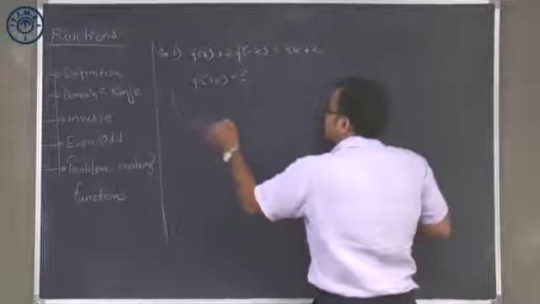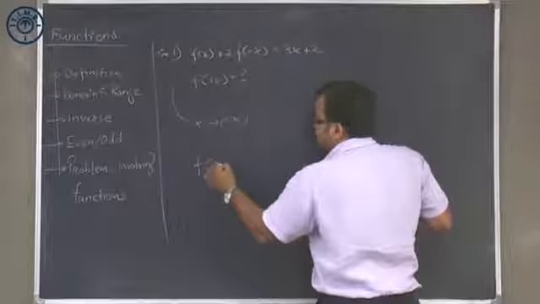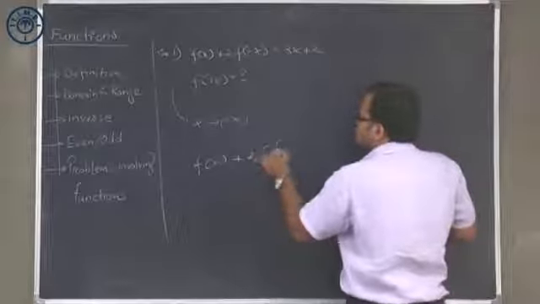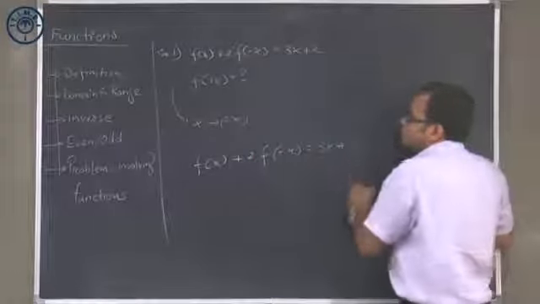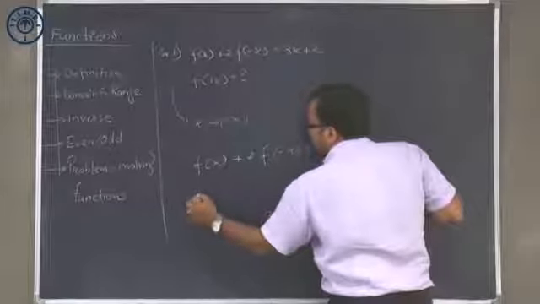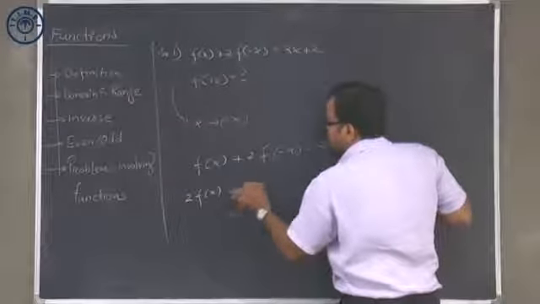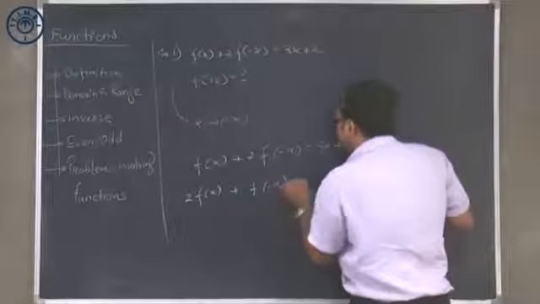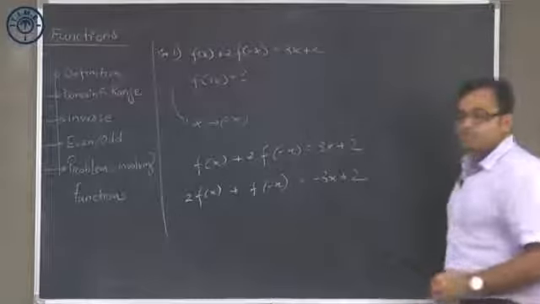Originally I have got f(x) + 2f(-x) = 3x + 2. Replacing x with -x, I will get 2f(x) + f(-x) = -3x + 2.